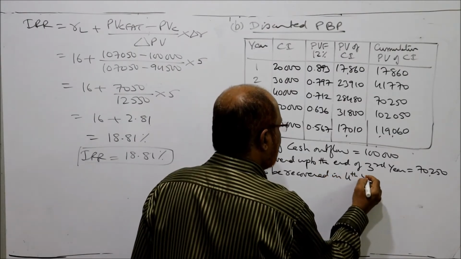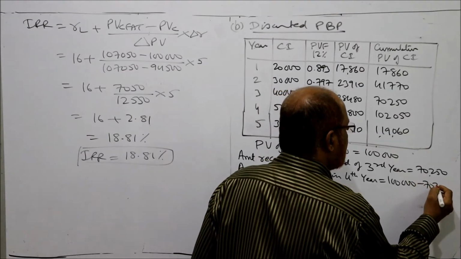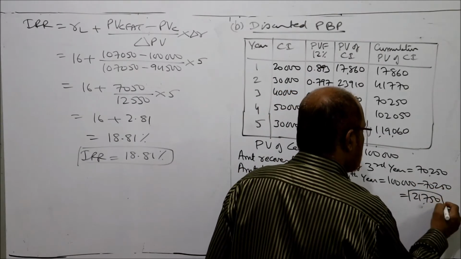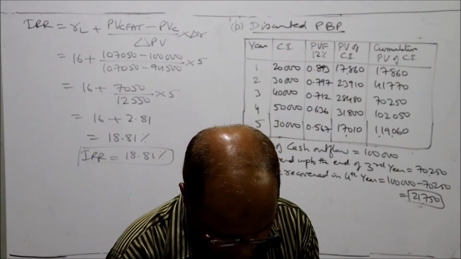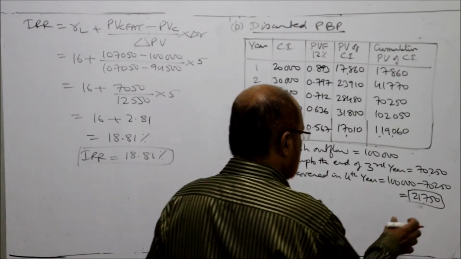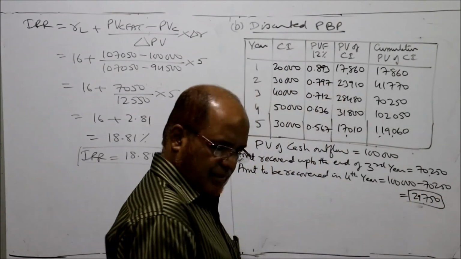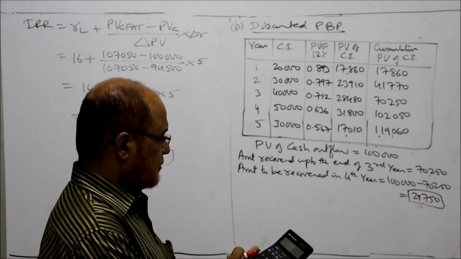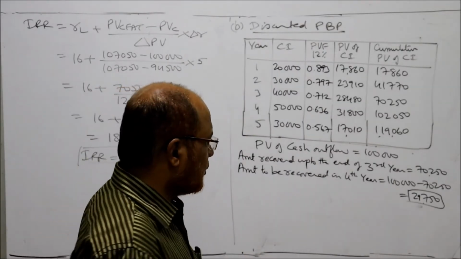Amount to be recovered in the fourth year: 1 lakh minus 70,250 is equal to 29,750. Sorry, not 21,750. We'll confirm it. 29,750 we want to recover.